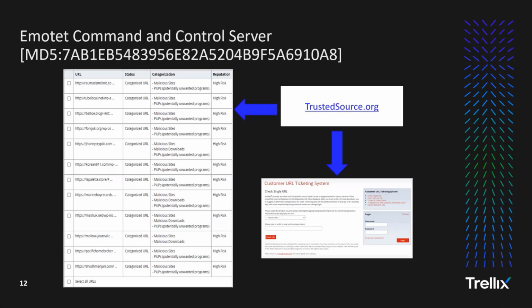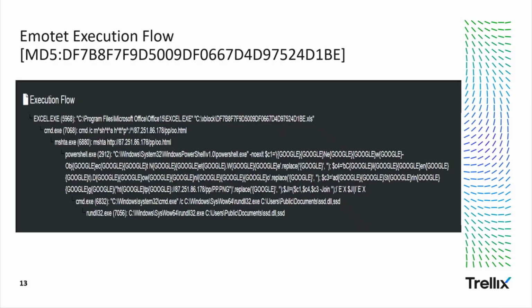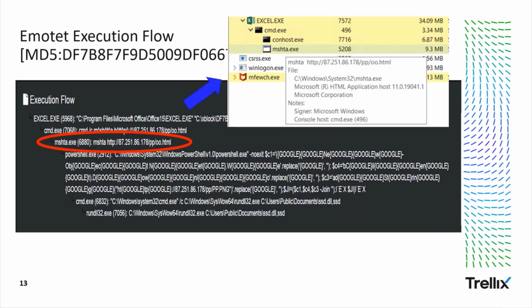So moving right along, let's go ahead and look at our second sample. In this case, upon executing the Excel spreadsheet, it invokes MSHTA to download and run a malicious JavaScript, which is within an HTML file. The downloaded file, oo.html, containing the malicious JavaScript, is encoded with HTML Guardian to obfuscate the code.